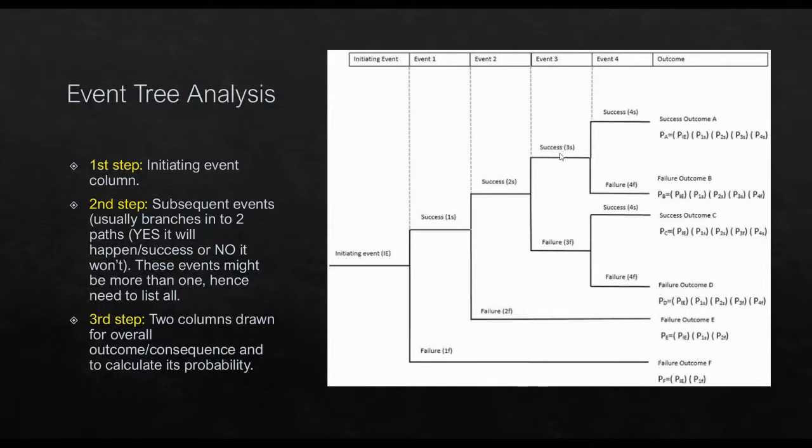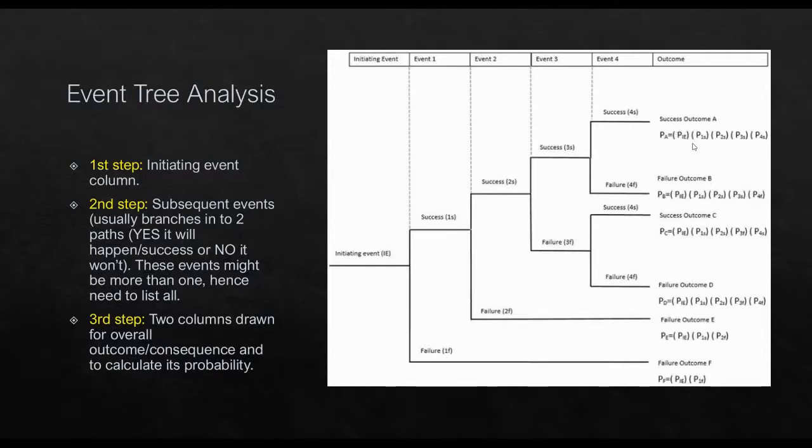For example, in event number 1, success has 2 branches, while failure has only 1. Same with event number 2, but for event number 3, the success goes through another 2 paths, and the failure also has another 2 paths. As we can see, in order to identify the outcome, there are equations to be calculated.